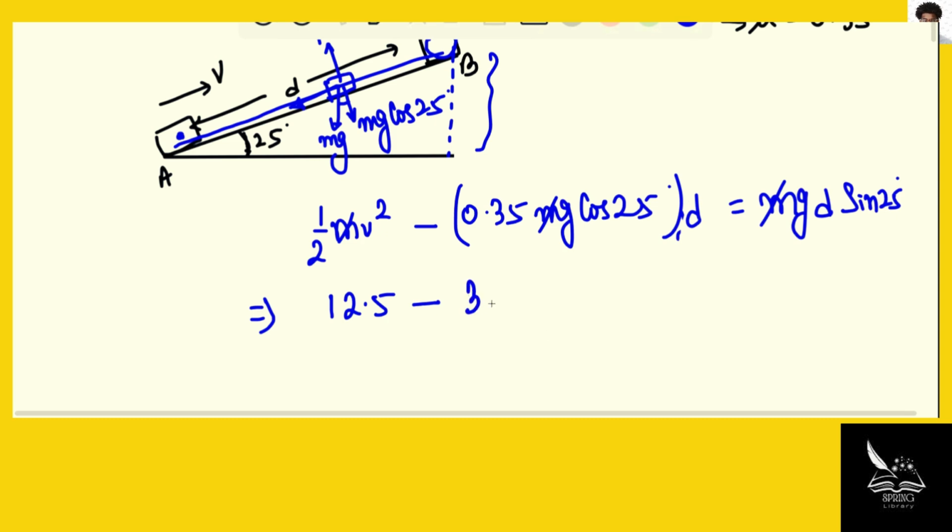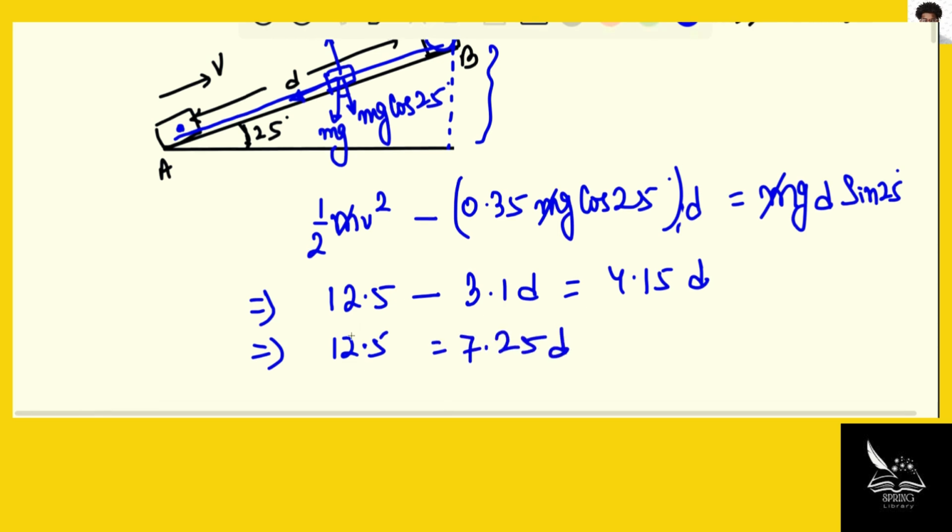So that comes out to be 3.1 d, and that's equal to g times sine 25 degrees, which is approximately 4.15 d.